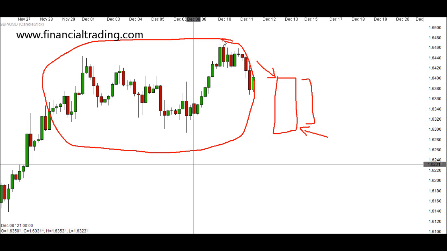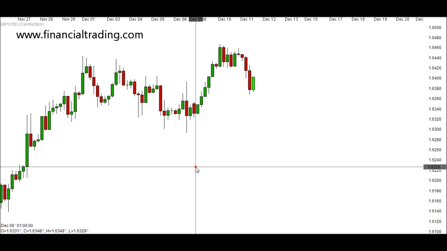We refer to them as bodies, the body of the candle, because the opening and closing price were different, and that gap, or the difference between the opening and closing price, is shown by a body or a bar. When there is no difference between opening and closing price, such as this candle here, you'll see there is just a straight line. There is no body because there was no difference in opening and closing price.